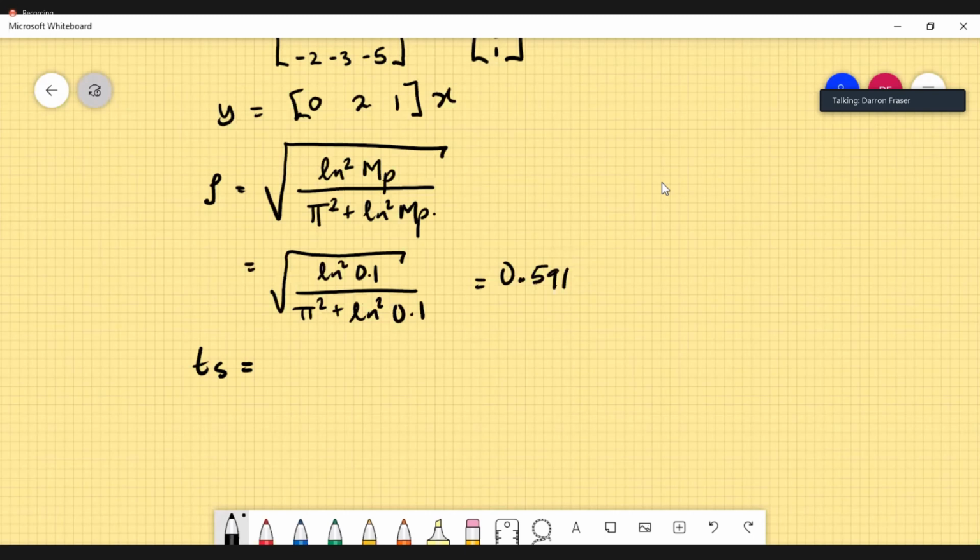Alright, now 0.591. We got the value the second time already. What's the formula for settling time? We got 4 over damping ratio times omega n.